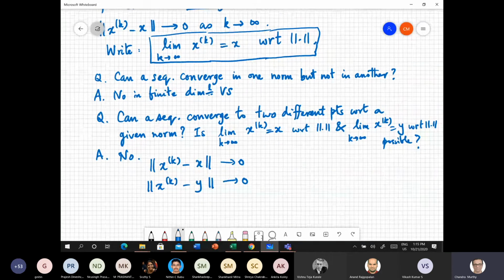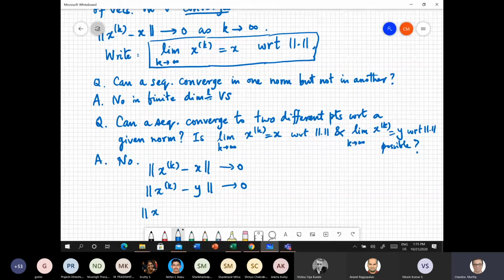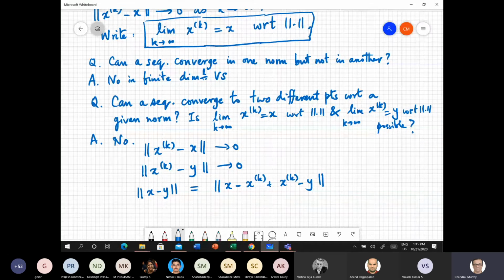So what that means is that if I take the norm of x minus y, that is equal to the norm of x minus xk plus xk minus y, which is less than or equal to, by triangle inequality, the norm of x minus xk plus the norm of xk minus y, both of which are going to 0 as k goes to infinity.